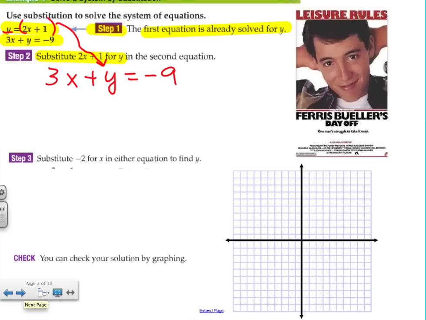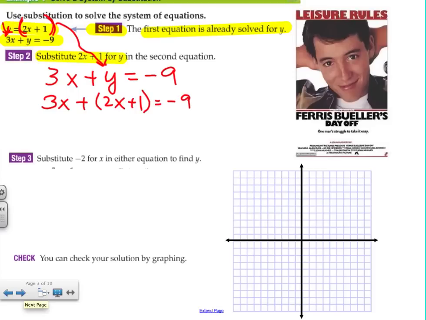Let me say that again. We know from our first equation that y equals 2x plus 1. So when we find y in our second equation, we can put that in place of the y. So we'll put 3x plus, and instead of writing y, we're going to write 2x plus 1 equals negative 9.